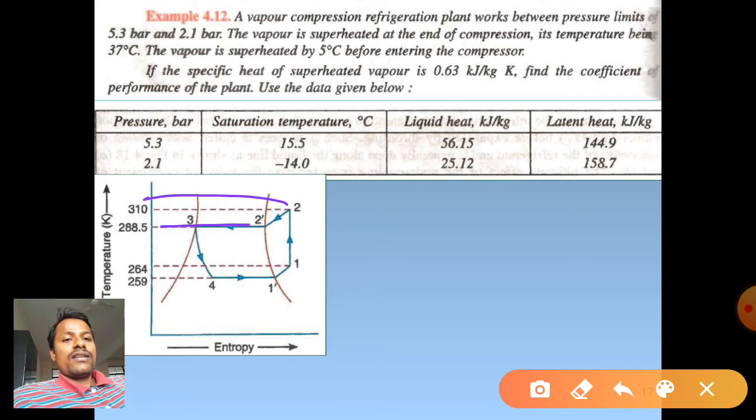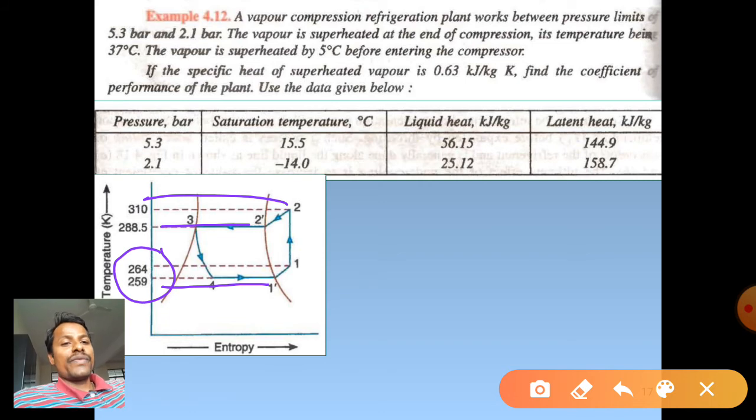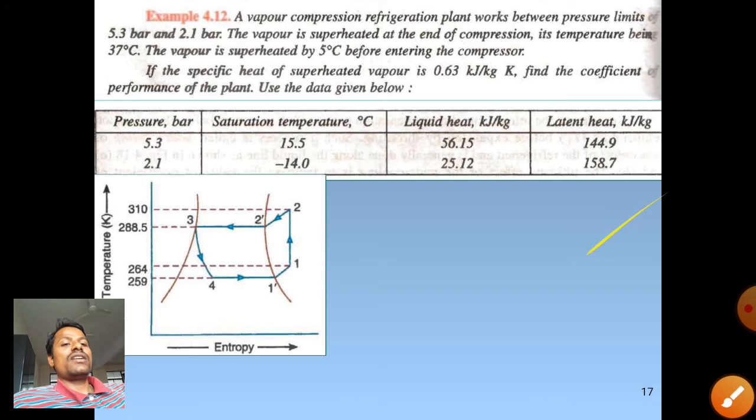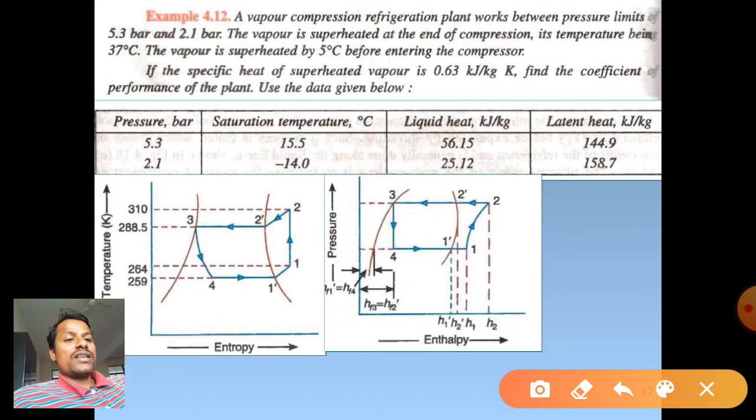Evaporator temperature is 259, superheating 259 plus 5 degrees Celsius, that is 264. This 1 dash to 1 is the superheating process he has mentioned. This is how the superheating is marked on the pH diagram. This is H1 dash, this is H1, again H2 is there.